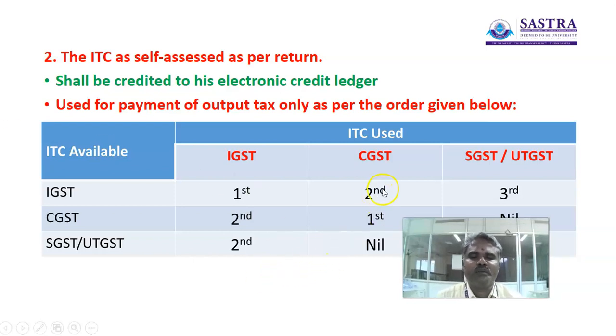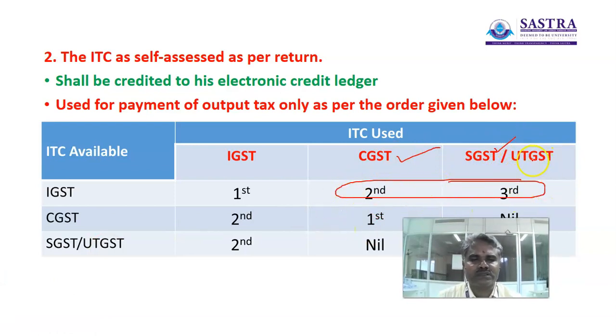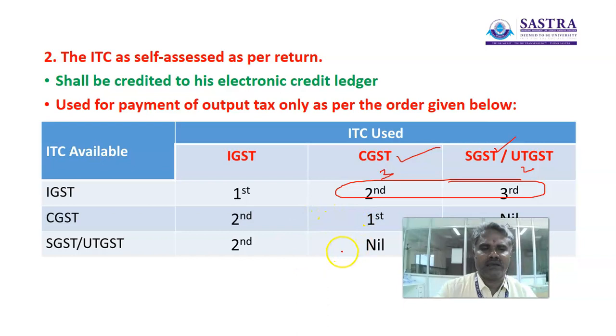But here there is no priority for adjusting first against only one. The law does not give any priority, but you may choose which one is first and which is last. This is your discretion. You may take a decision regarding that.